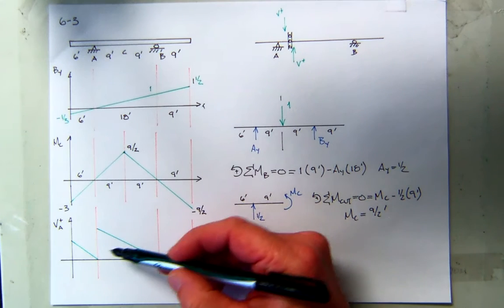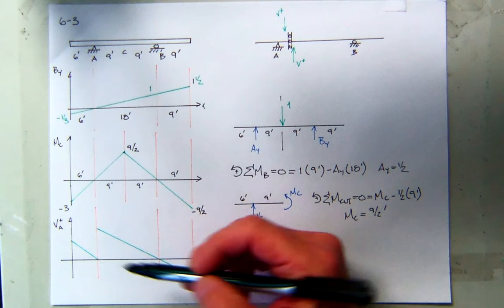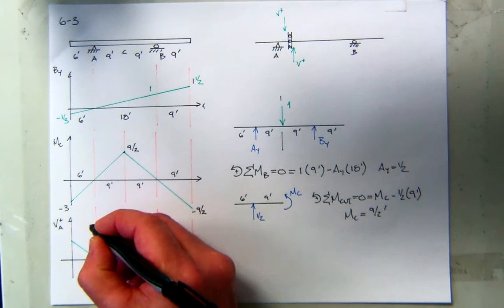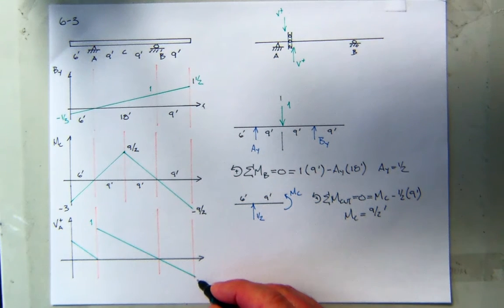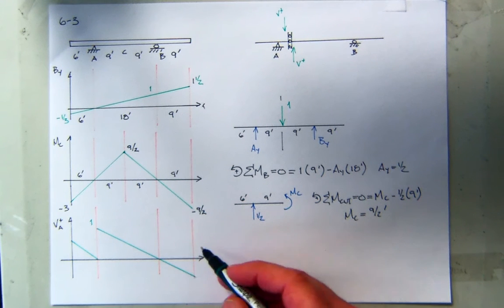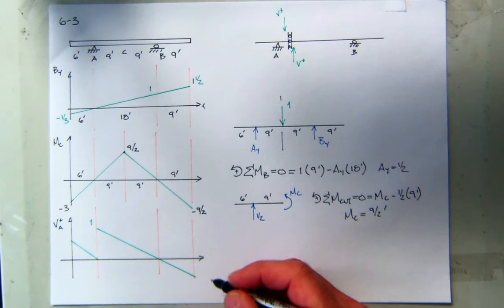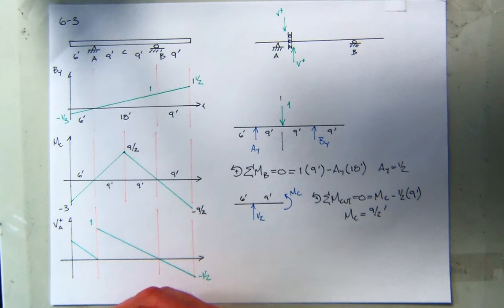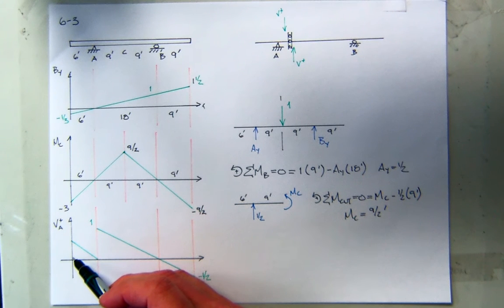You know what this change right here is? 1. So what's this value right there? 1. What's this value over here? Well, 1 is to 18 as what is to 9? 1/2. Now, what about this guy? What do I do with that?